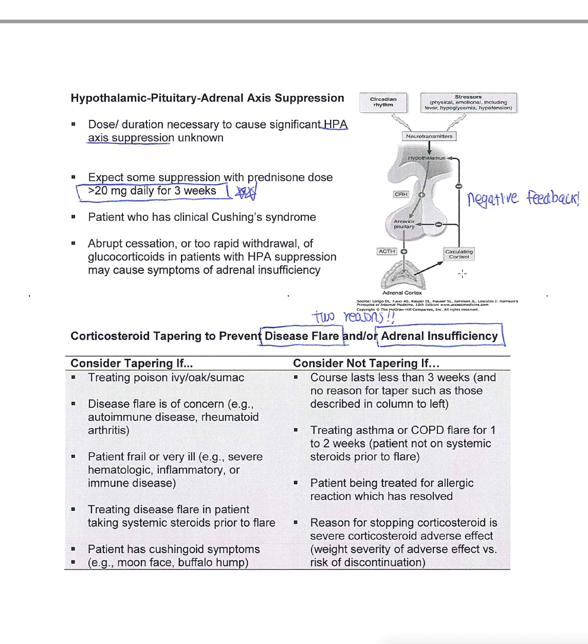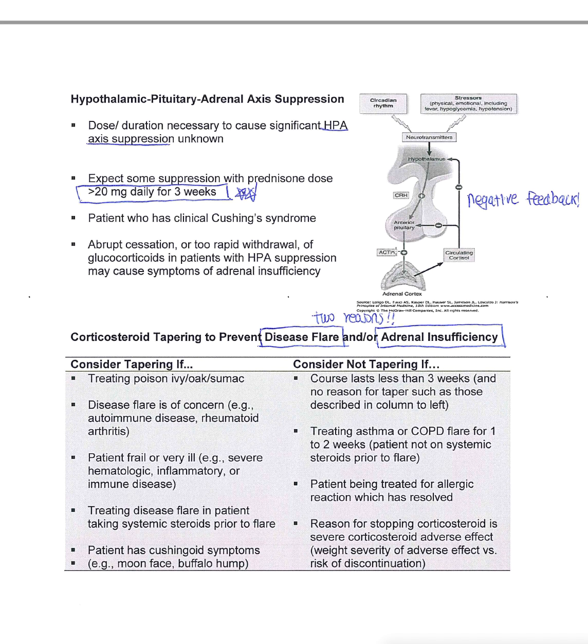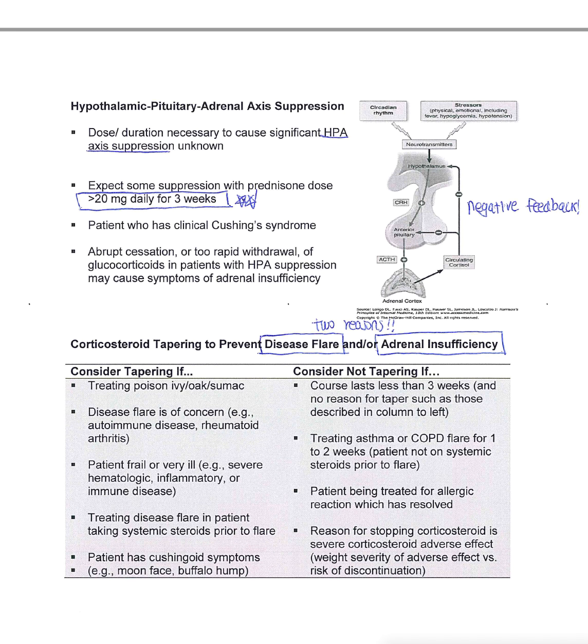So the hypothalamus will produce CRH, which is corticotropin releasing hormone, that stimulates the anterior pituitary to produce ACTH, which is adrenocorticotropic hormone, that triggers the adrenal cortex to produce cortisol.